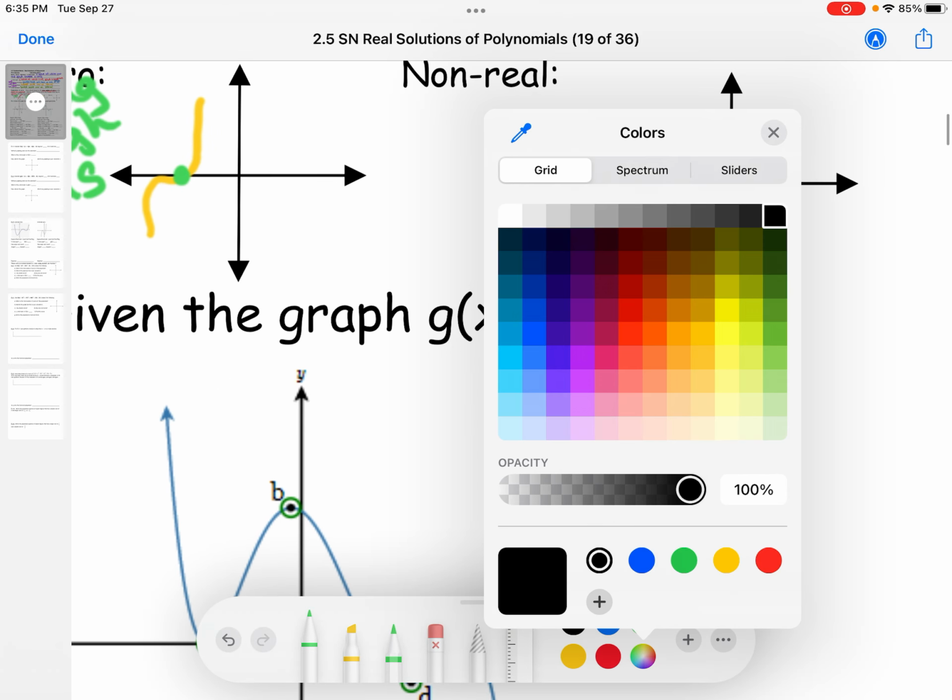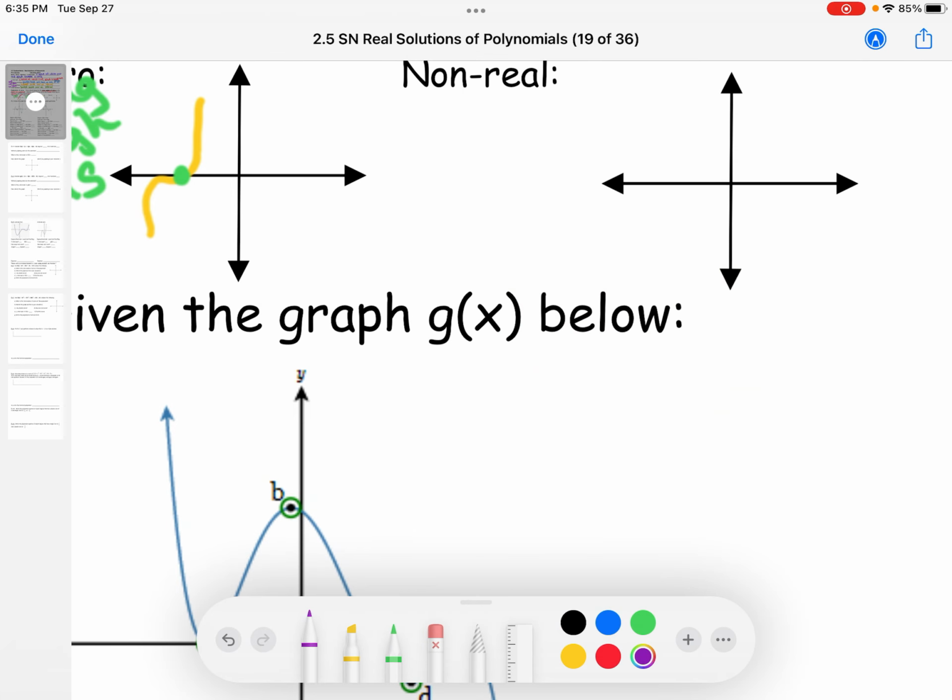Then a non-real solution on a graph may look something like this. And if you notice, it's a big deal: it actually does not cross the x-axis.